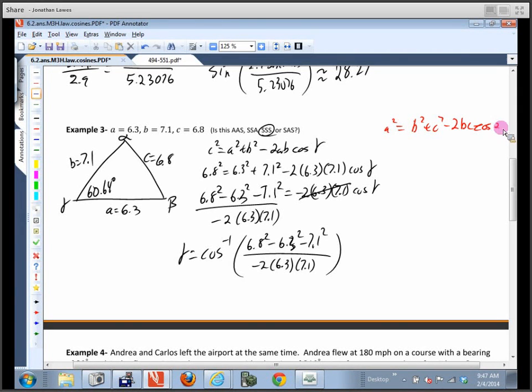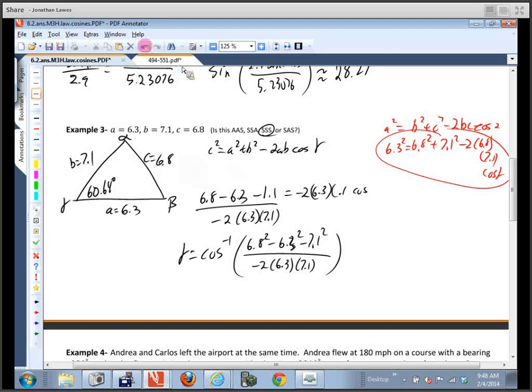And if I plug those things in, this is a 6.3 squared. This is a 7.1 squared. Actually, I'm going to write them. I'll write a 6.8 squared, 7.1 squared, 6.8, 7.1 cosine alpha.